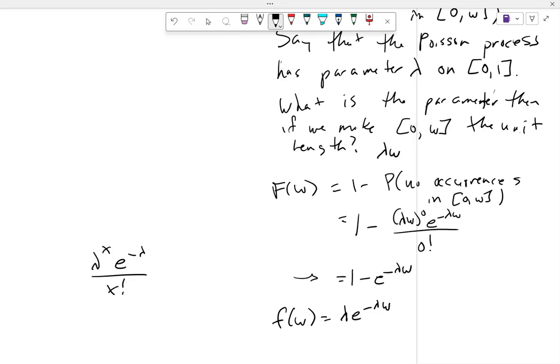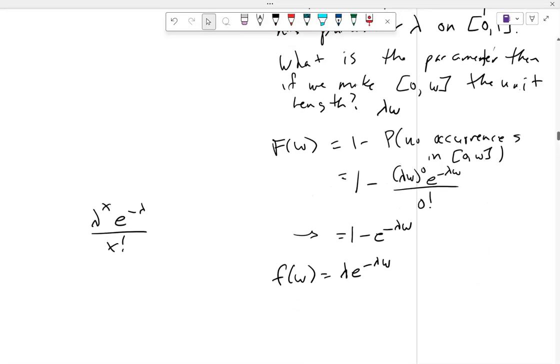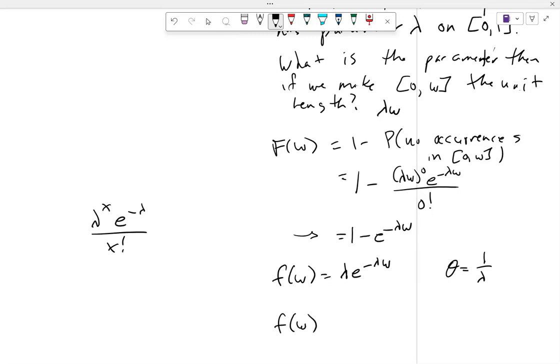Okay. Now, we refer to this as an exponential distribution. A lot of times, we will change the lambda to theta, equal to 1 over lambda, and write it this way.